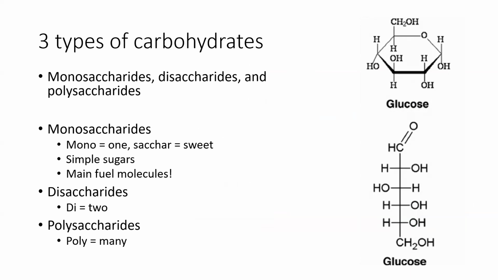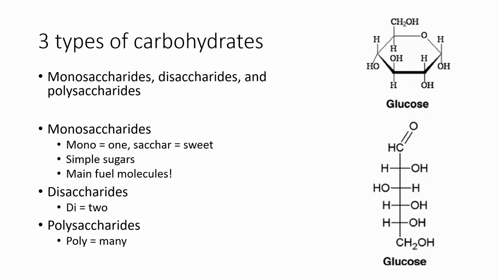Then di refers to two, and poly refers to many. So this is how many monomers make up this carbohydrate. Monosaccharides are just one, disaccharides are two, and polysaccharides are anything more than two. So if we have multiple glucose monomers hooked together, for example, that would be a polysaccharide.